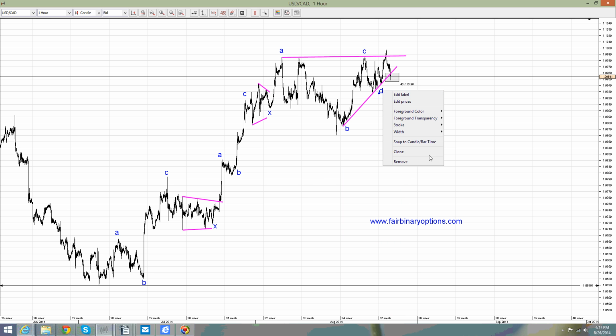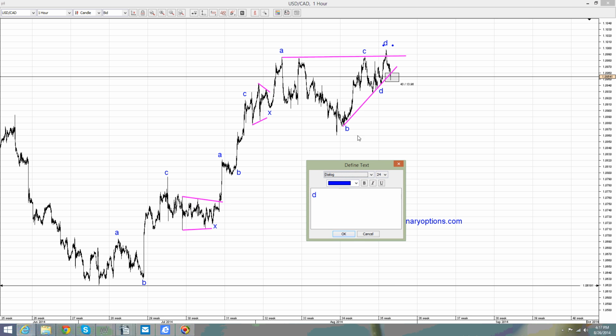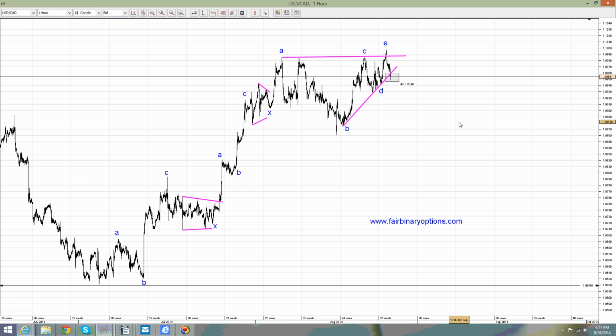And then of course the E wave to the upside. So A, B, C, D, E, and just like that, what do you know? The triple combination is completed with the B to D trend line broken to the downside, and chances are that this market from this moment on should move lower.